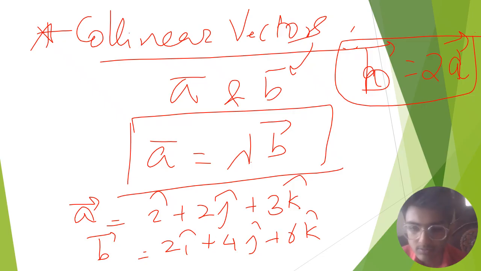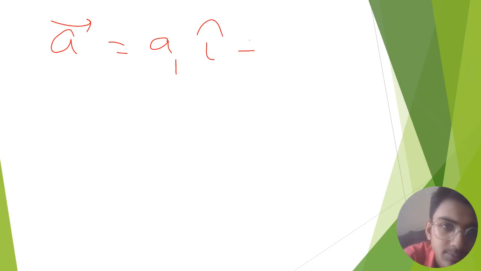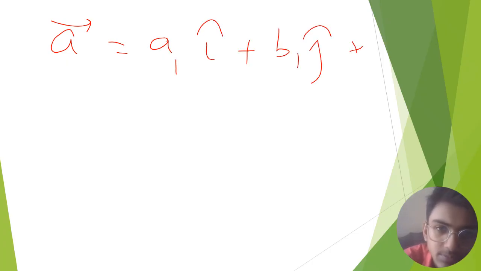And the another way to check the collinearity of vectors is using ratio and proportion, which I'm telling you. So there is a vector. A vector is a1 i cap, a2 j cap, a3 k cap.